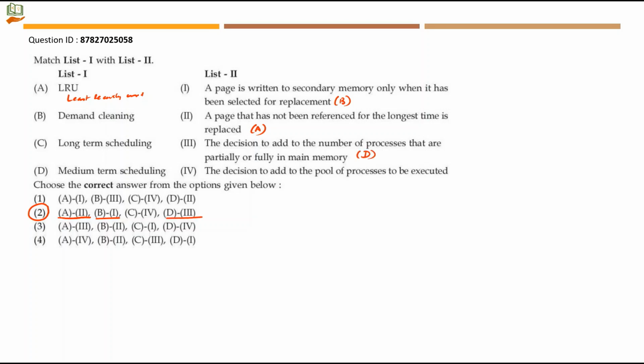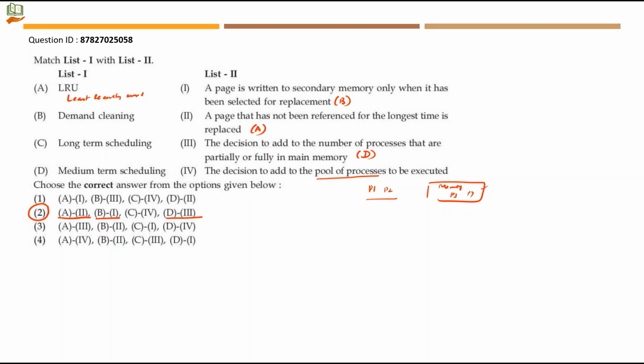And when it comes to long term scheduling, the decision to add to the pool of processes to be executed. You have a set of processes to be executed, say P1 and P2, and already some processes are in memory, say P3 and P4. So these are already in execution. These are waiting to get into execution.